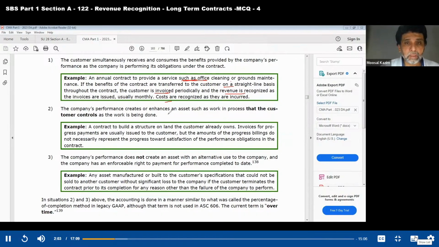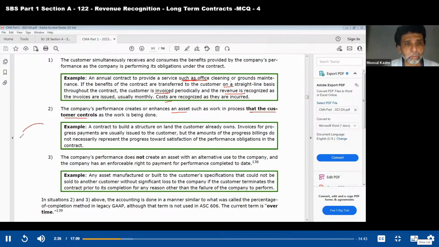The other condition is that the company's performance creates or enhances an asset, such as work in progress, that the customer controls. The customer is controlling the work as the work is being done. Here he has given you an example of a contract to build a structure which the customer owns.